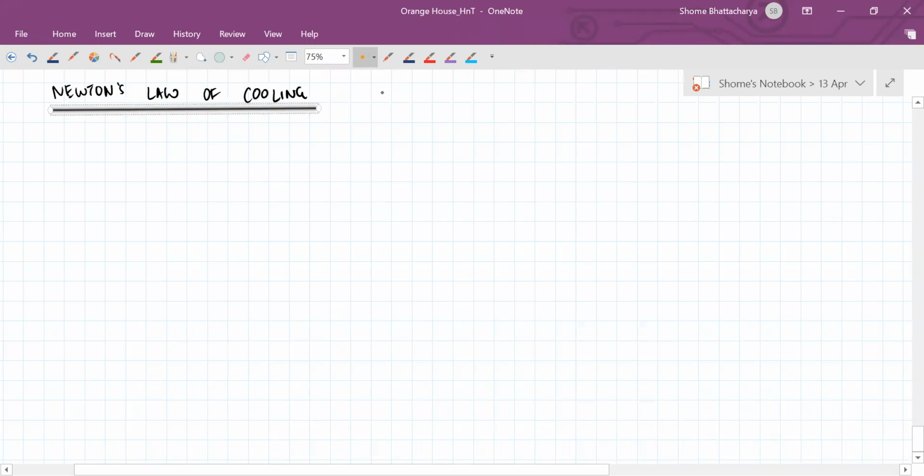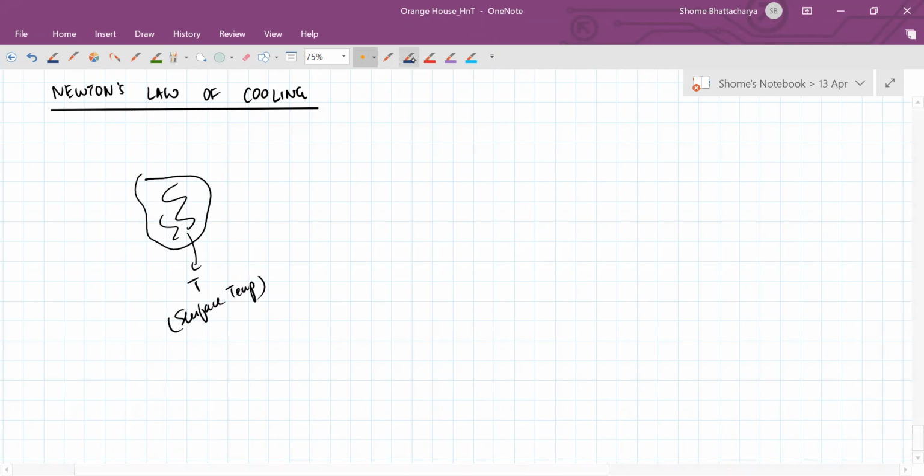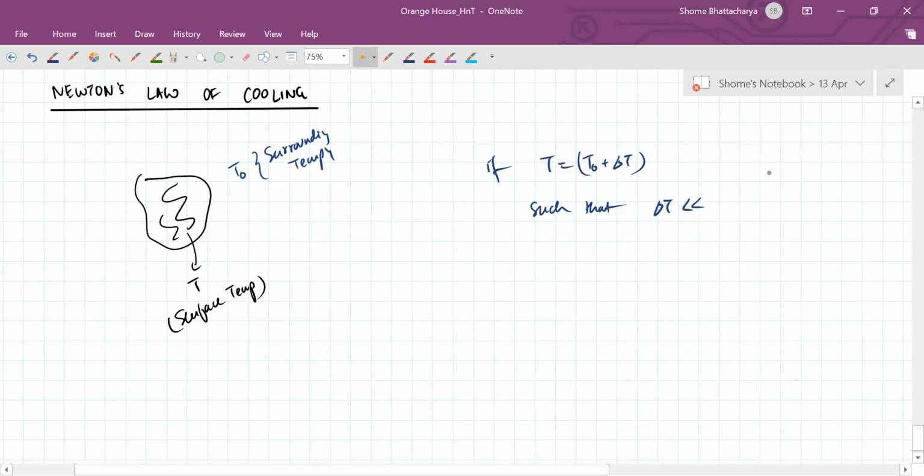The statement of this principle is that when we have some material which is at a temperature T, which is the surface temperature, in a surrounding temperature of T naught, so if the temperature of the surface is greater than the surrounding temperature such that delta T is very small compared to T naught.